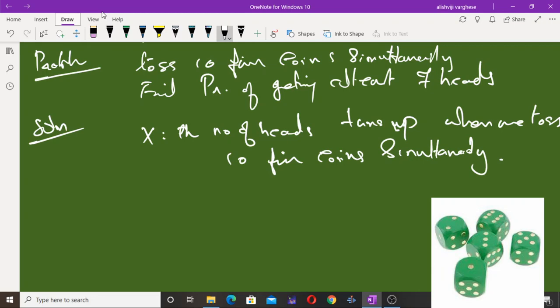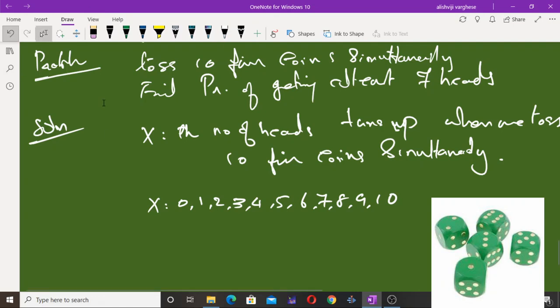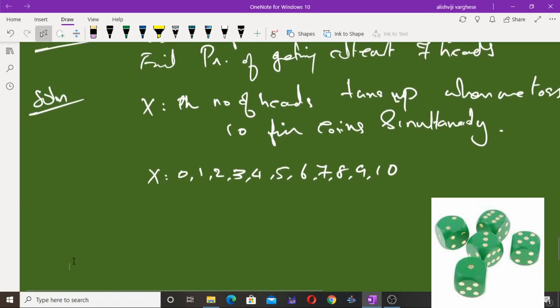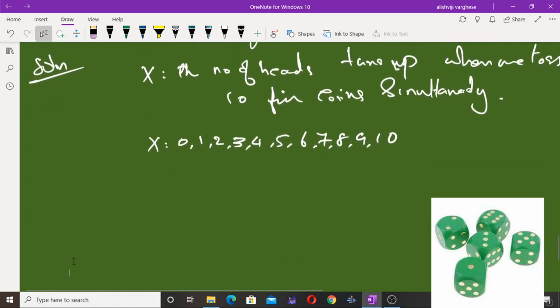So that's the definition of our random variable. Now, obviously, the random variable x can take values 0, 1, 2, 3, 4, 5, 6, 7, 8, 9, and 10. These are the possible values which can be assumed by the random variable x, as we are counting the number of heads that end up in 10 tosses of a fair coin.